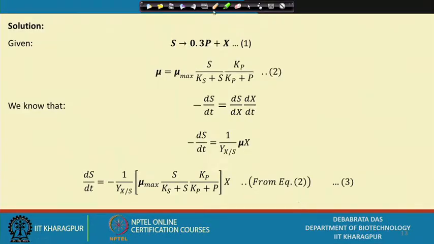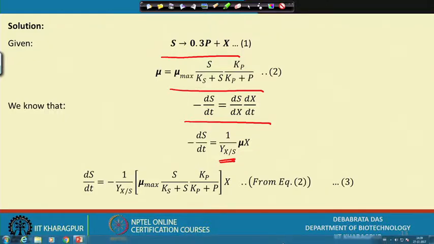The stoichiometry is given like this: S, the substrate, equal to 0.3 P plus X, where X is the cell mass. We know dS by dt can be written as dS by dX times dX by dt. Am I right? And dX by dS is equal to Y X by S, which is called the yield coefficient.